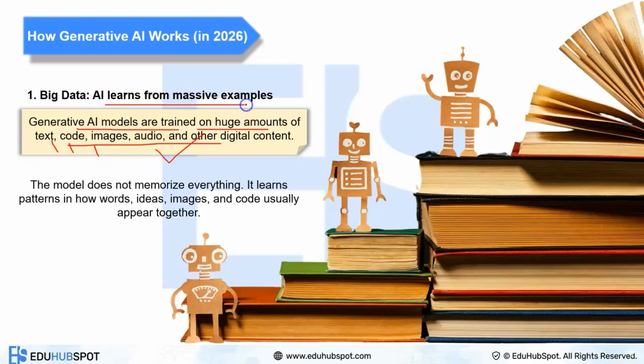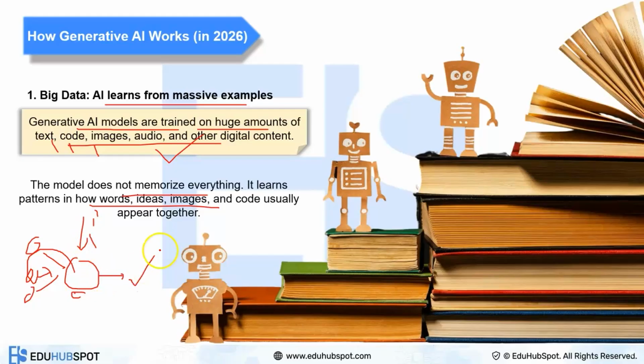AI learns from massive data sets and examples. Now it does not memorize everything. It learns from the patterns. Like you have given these data sets to a model, say ChatGPT, it is going to train, and then you give a prompt to it and it finds out these patterns, okay, how to write the answer, and according to your prompts it generates a new answer.